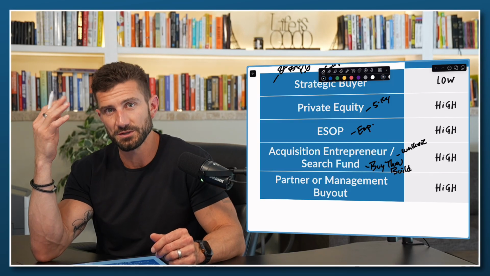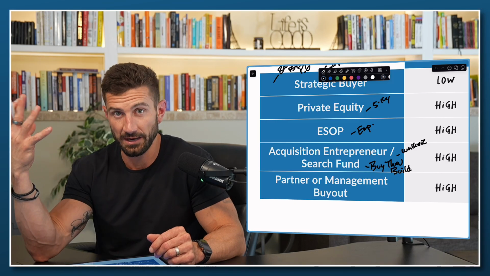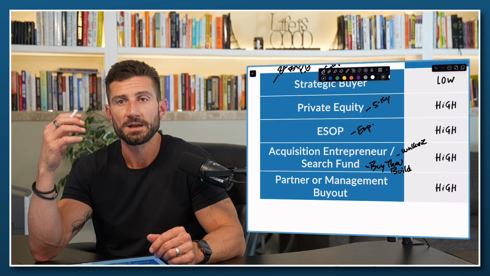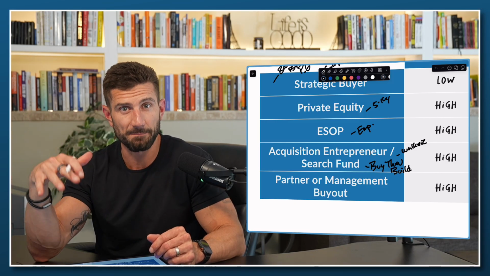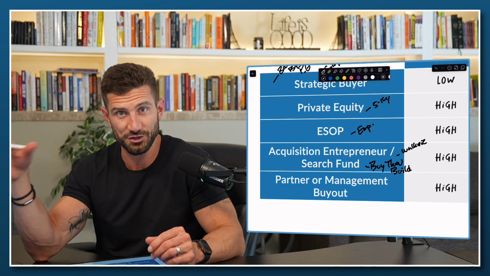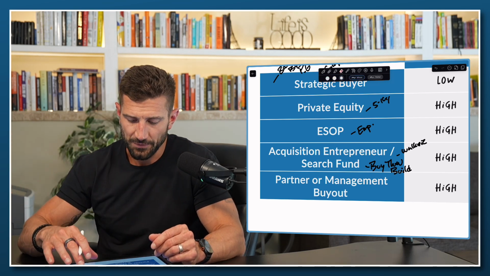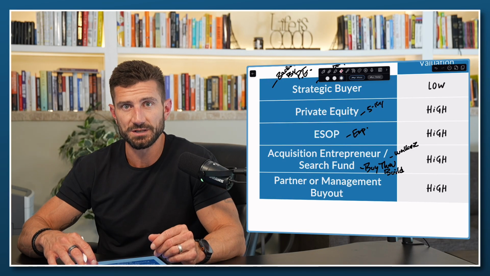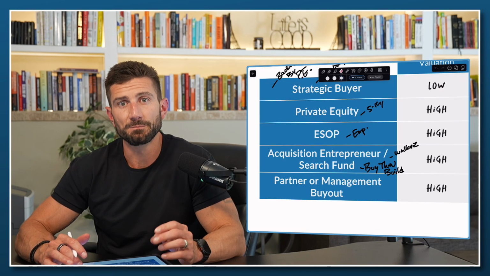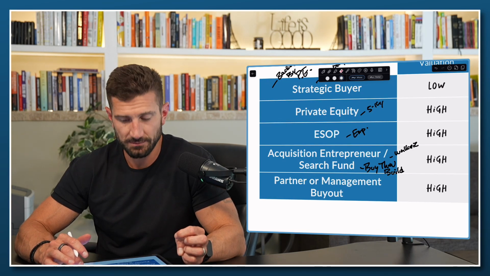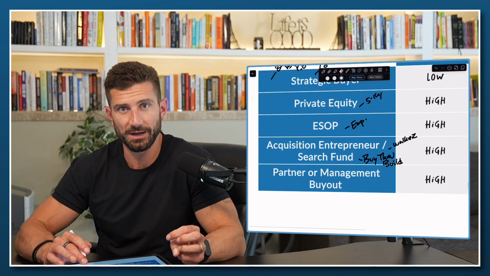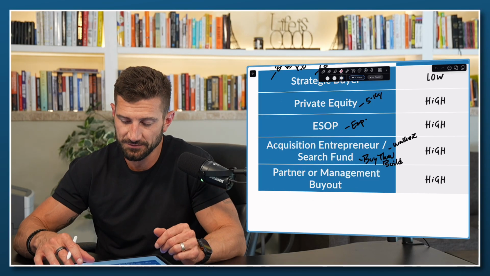They want to go use their 401k and some cash and an SBA loan to go buy a company. There's a lot of family office money that's now backing acquisition entrepreneurs who want the job of the CEO and equity and upside. They're gonna generally be using bank debt and equity. And then you have partnership or management buyouts, which is your partner or key executives.